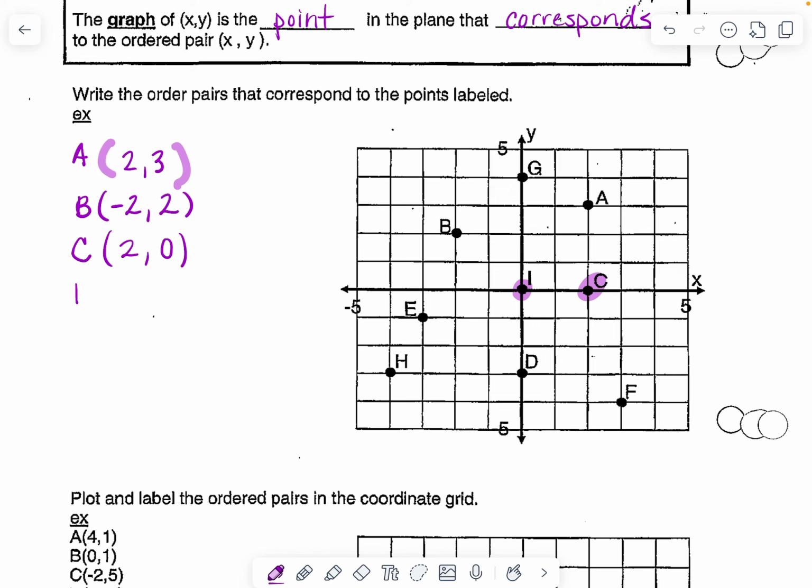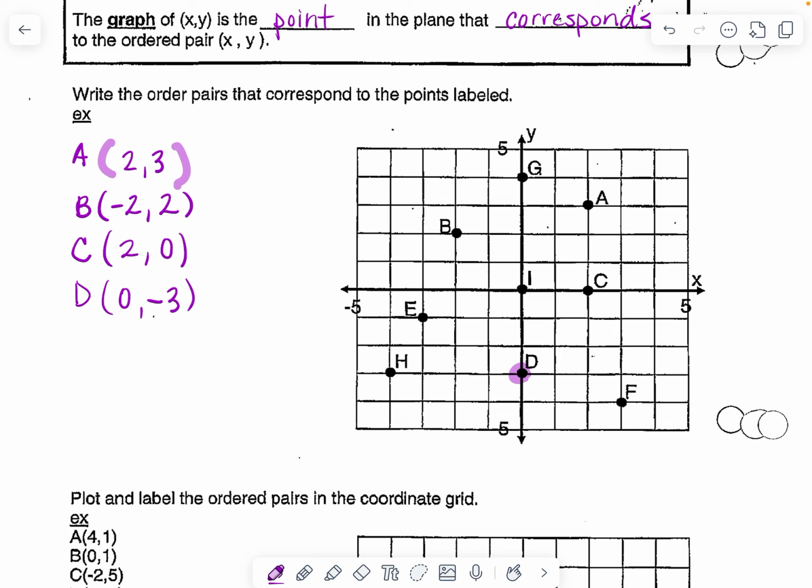All right, point D, you are moving from the origin down, and you are not moving left or right at all. So you went down 3 squares, and you didn't go anywhere in the x direction. So you went 0 in the left-right direction, but you went down, which is -3 squares.